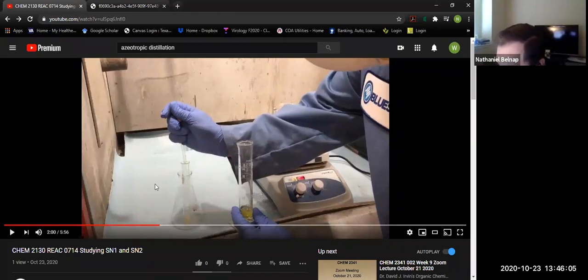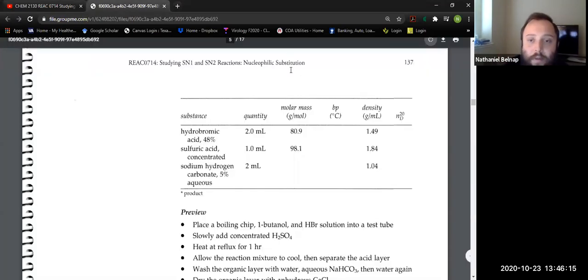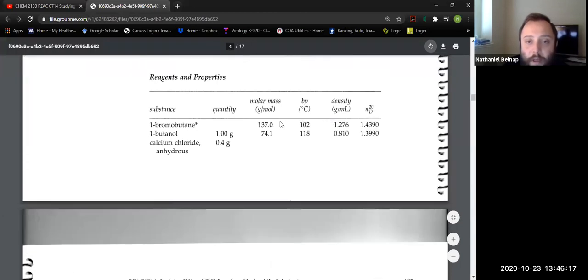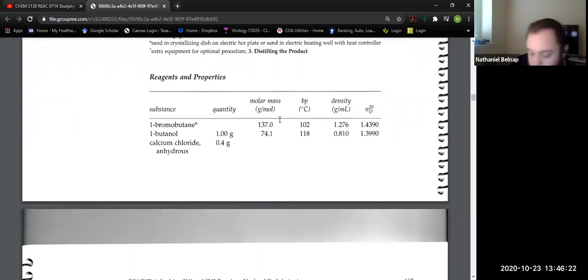So before that though, you take that 0.0134 moles and you multiply it by the molecular weight of 1-bromobutane, which is 137 grams per mole. So you multiply 0.0134 by 137 grams per mole. You'll cancel out the moles, right?